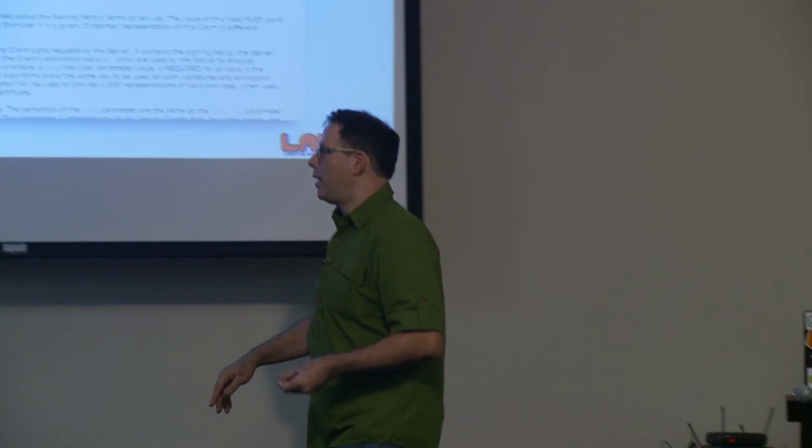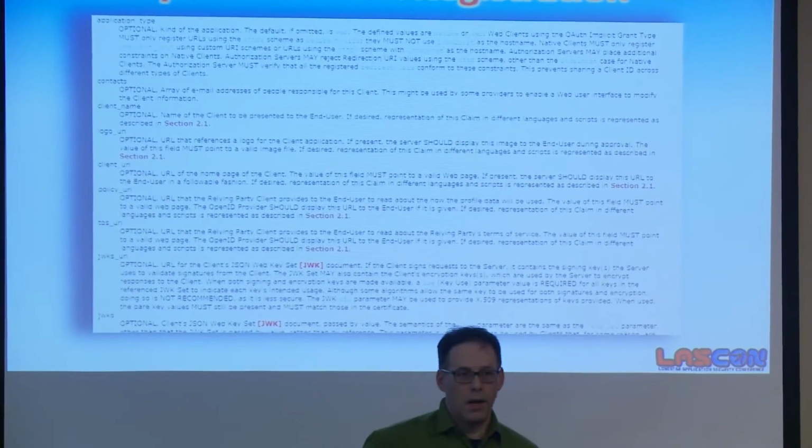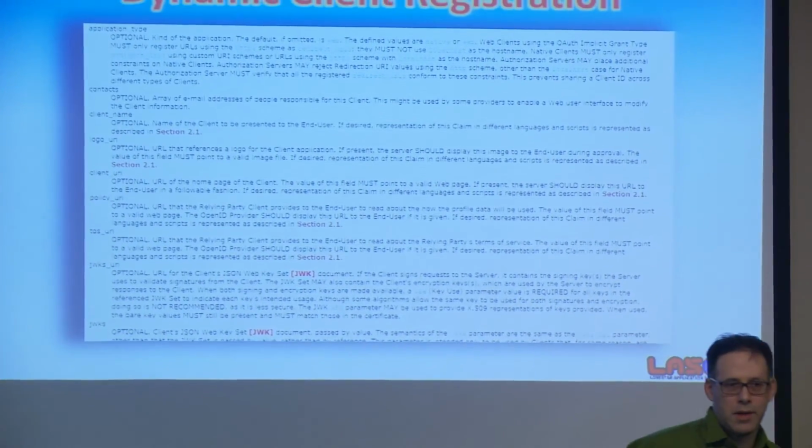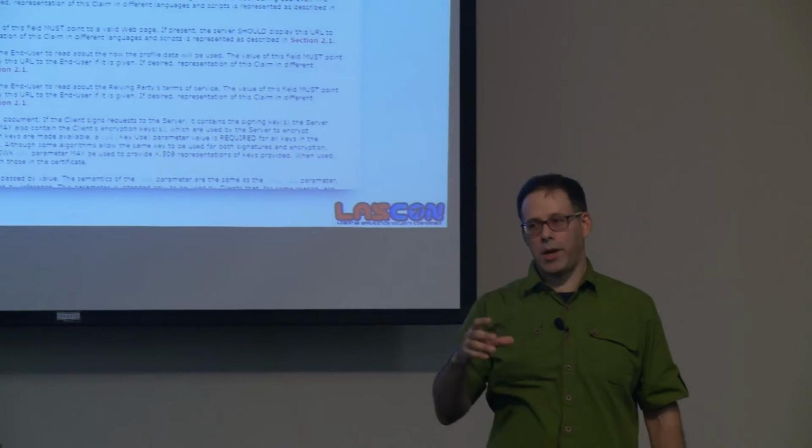Maybe one feature I think is really important is that OpenID Connect allows the client to register a JWKS, a JSON Web Key Set. So if your client doesn't want to use API key and secret, client ID and client secret, which is basically like a password for a client, right?